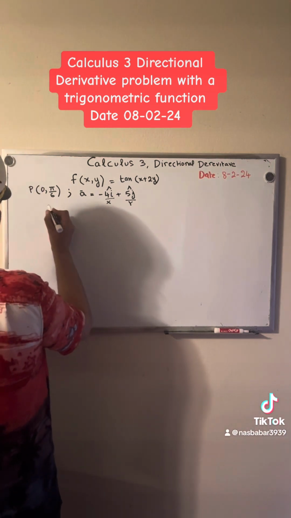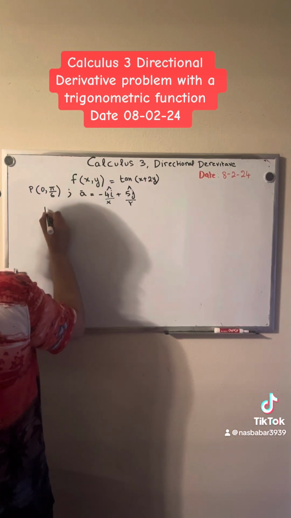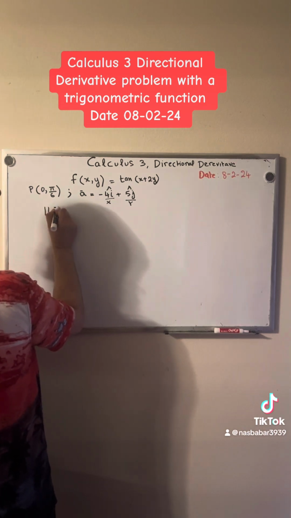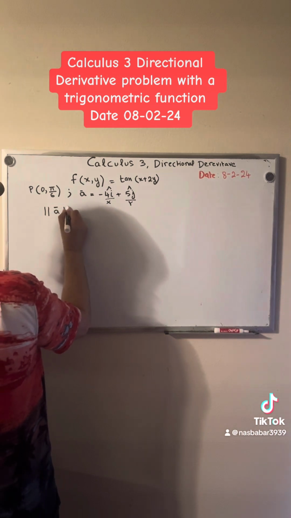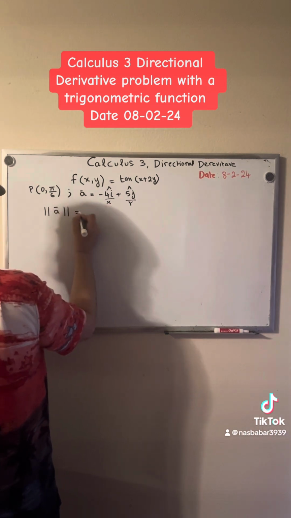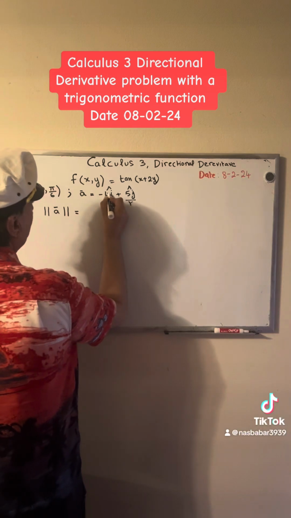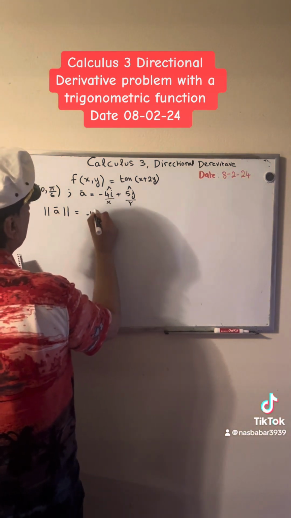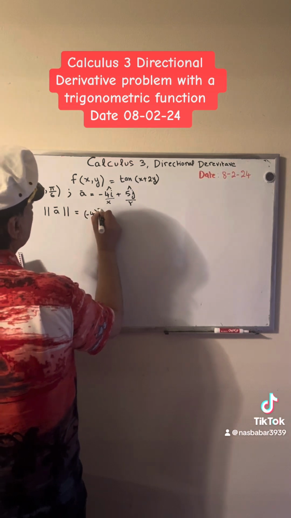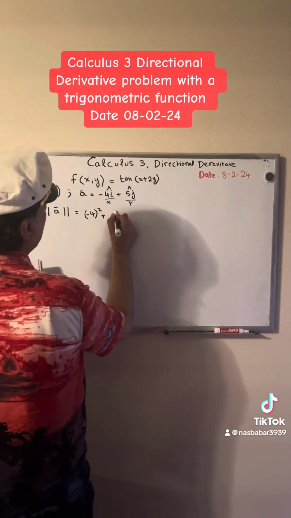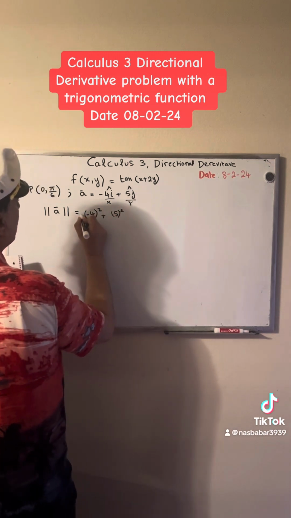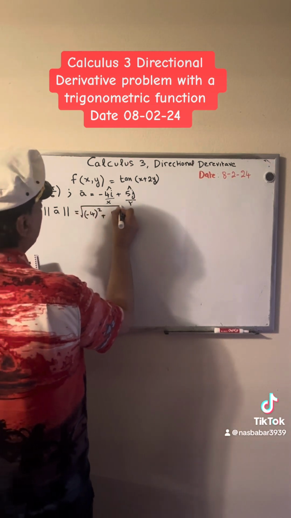I showed you last time, 2 bars to represent that, and then a dash on top. It is equal to the square root of minus 4 squared plus 5 squared, which are the weights of the x and y components.